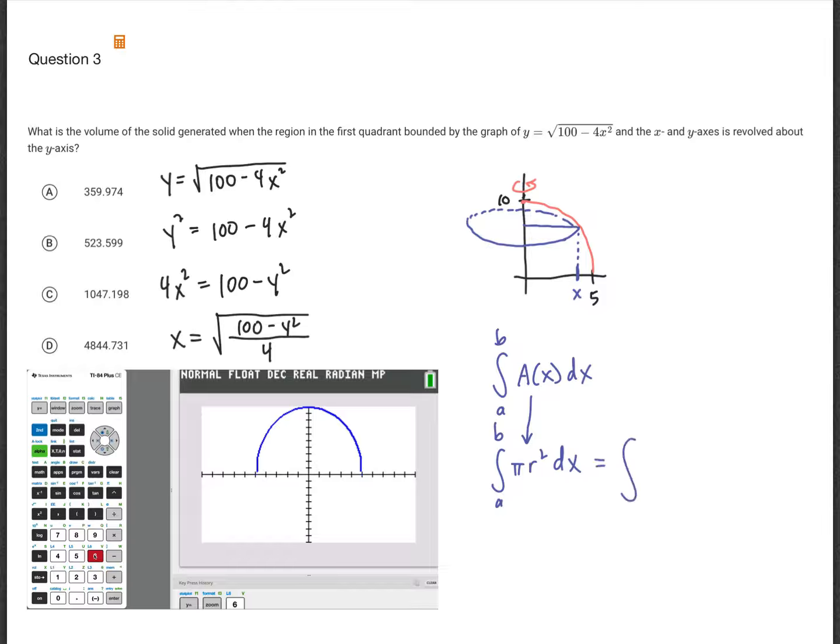So now our integral goes from 0 to 10, right? You got to be careful, not 0 to 5, because our function is going to be in terms of y, and actually I should have put this is really in terms of y, not x for us. Actually I'm going to fix that right now, because that is important.